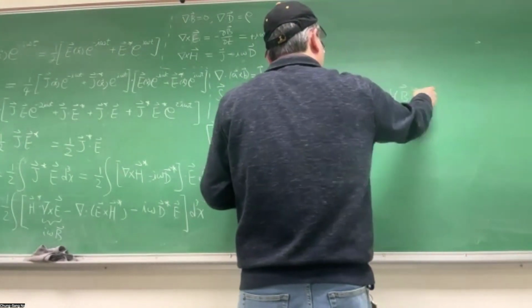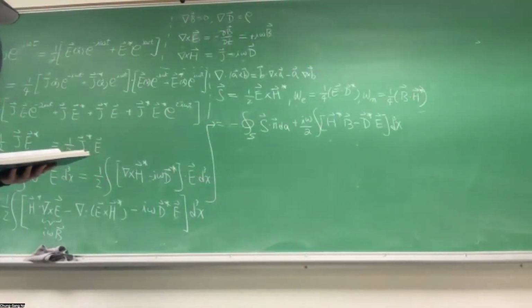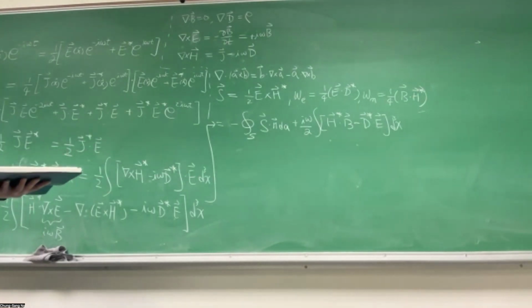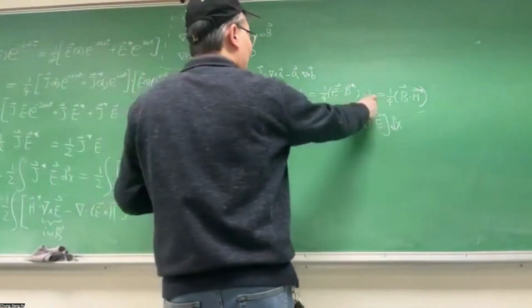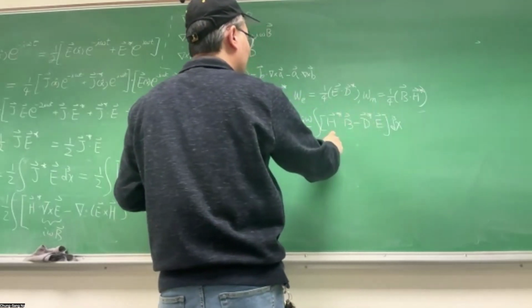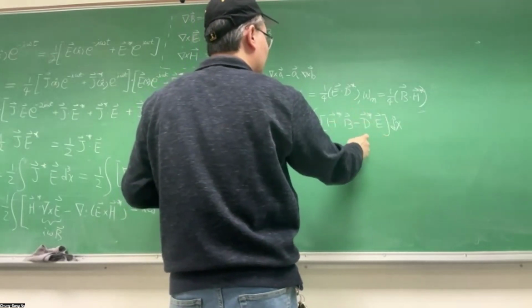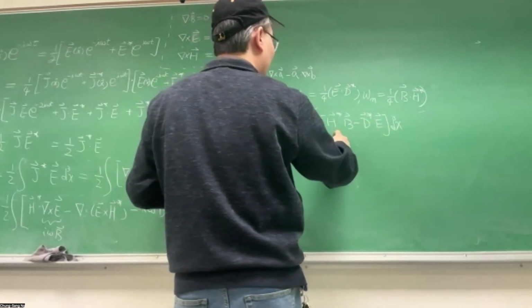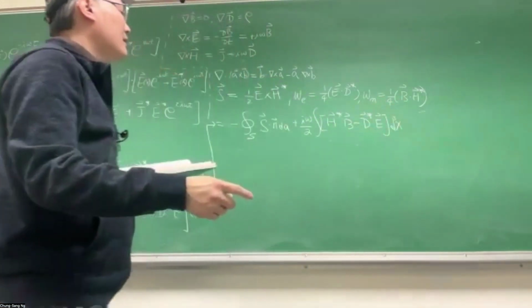I mean, you can put the complex conjugate on either one of them. This is just the way Jackson chose to write it. Okay, but then you realize that when you put these two in here, one is a plus sign, the other is a negative sign. So this would be WM minus WE, right?